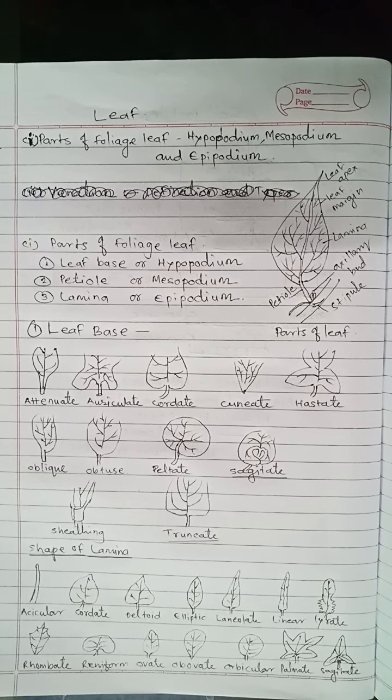Tendrillar petiole. In few plants, the petioles are modified into tendrils and help the plant in climbing. Example, Clematis. Phyllode. A modified petiole which is flat, green and leaf-like is called phyllode. It is a photosynthetic organ. Swollen or spongy petiole. Sometimes the petiole becomes swollen and spongy due to the development of parenchyma.